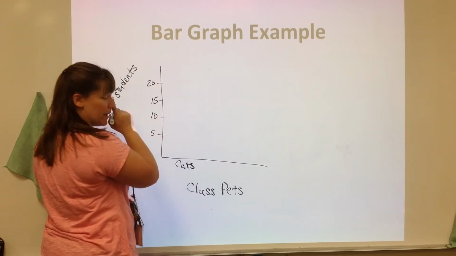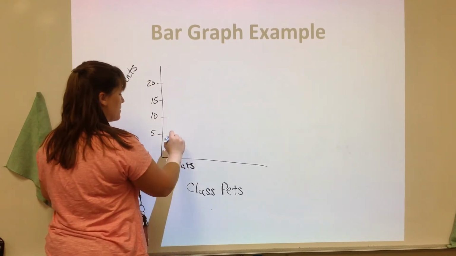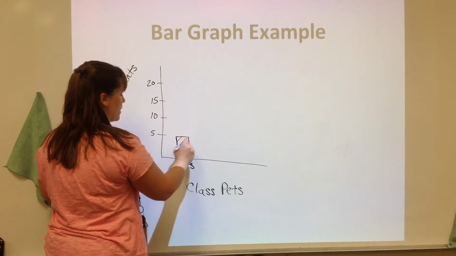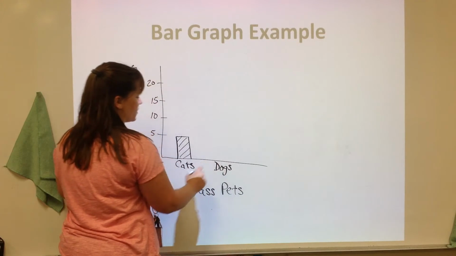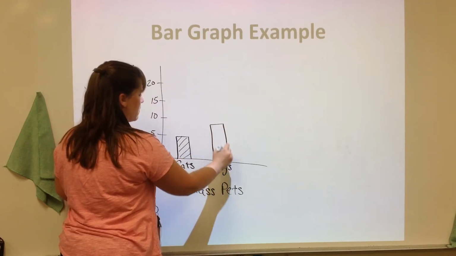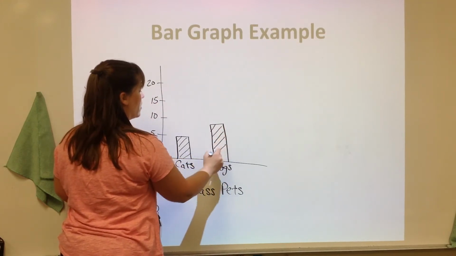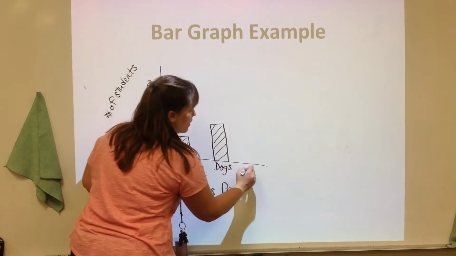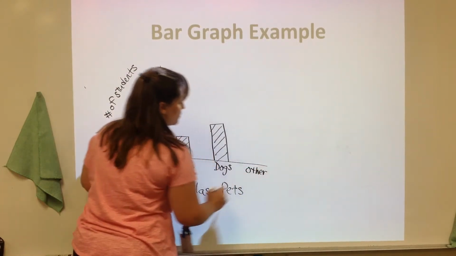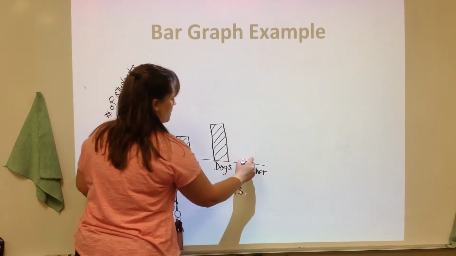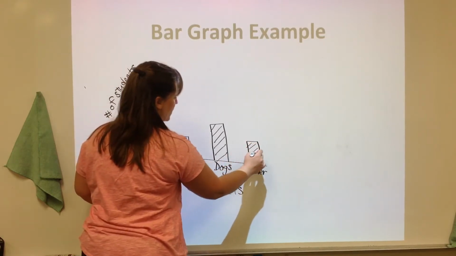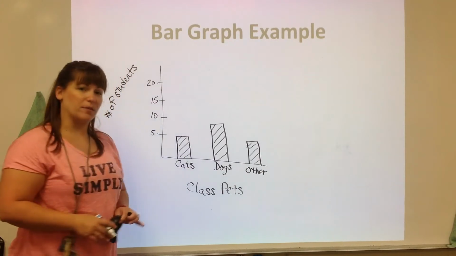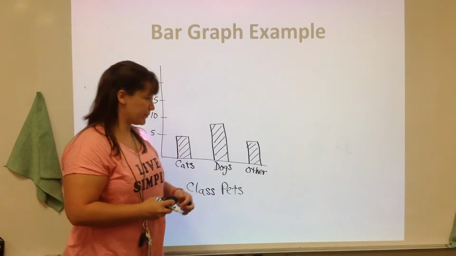I'm just going to do it by 5s to make it simple. And maybe 5 students in the class have cats. Then we can survey the class, and maybe 10 of us have dogs. And then the other category, be fish, birds, and maybe another 7 or so have something else. Very simple example of a bar graph. Moving on.